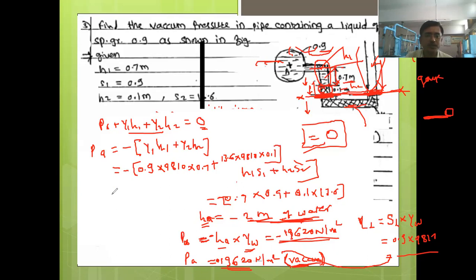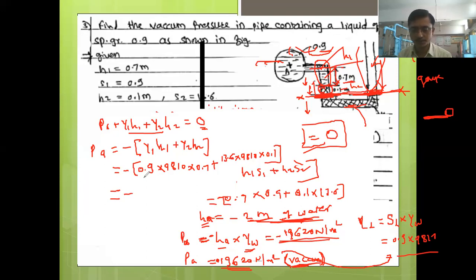So do the multiplication and do the calculation and tell me the answer, whether you are getting the same value or not. In bracket, so here minus sign will be there. 0.9 multiplied by 9810 into 0.7 plus 13.6 into 9810 into 0.1, bracket complete.